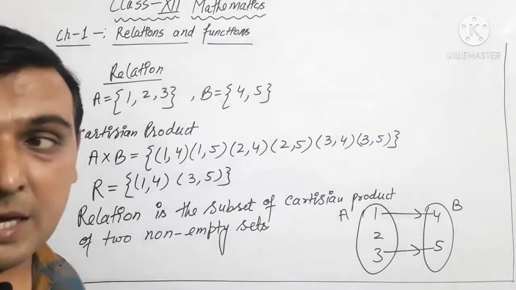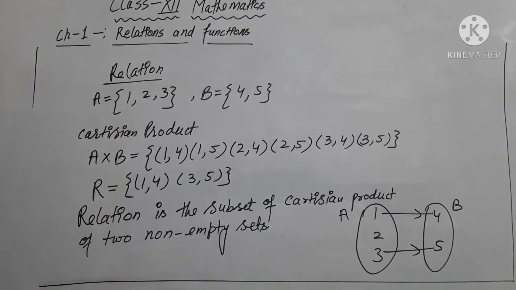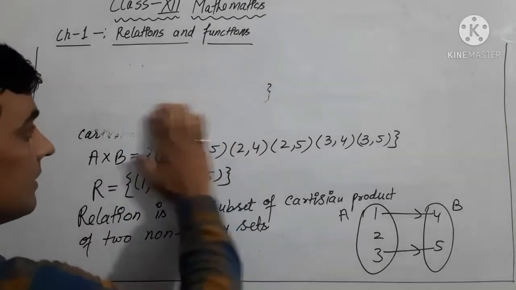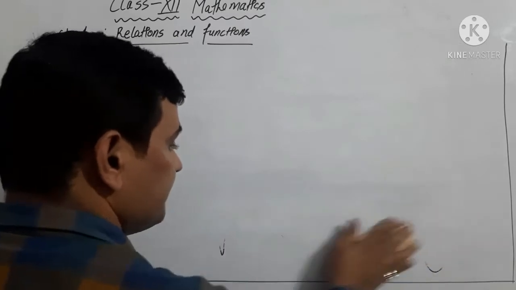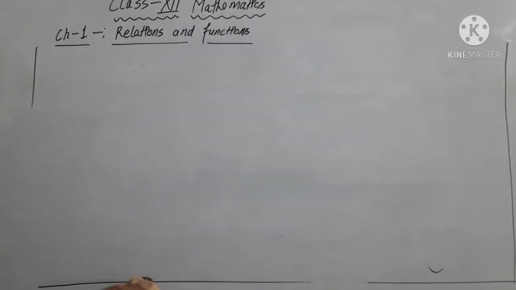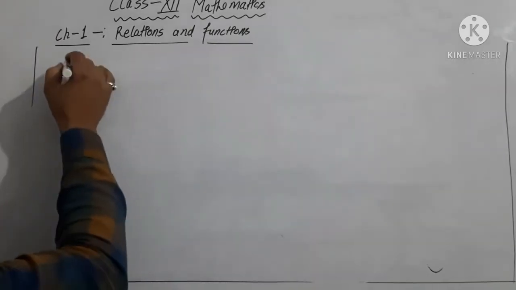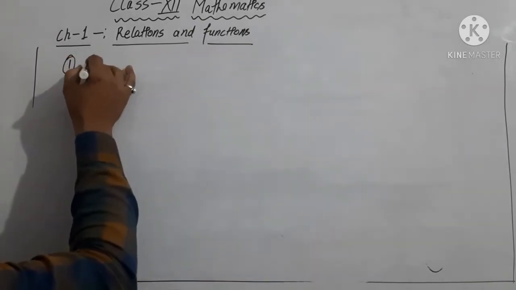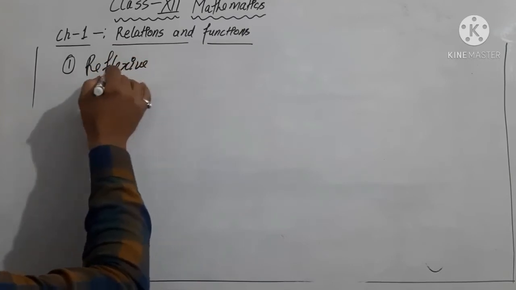Now, some types of relations. What are some types of relations? Some types of relations which are in your NCERT book. Number 1 is reflexive relation.